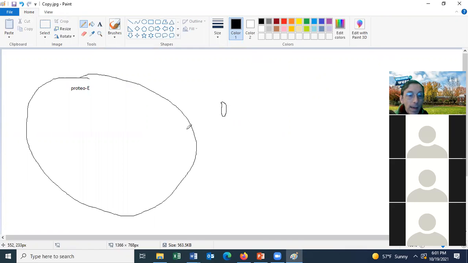There we go. And the proto-eukaryote came up to the bacteria and engulfed it.